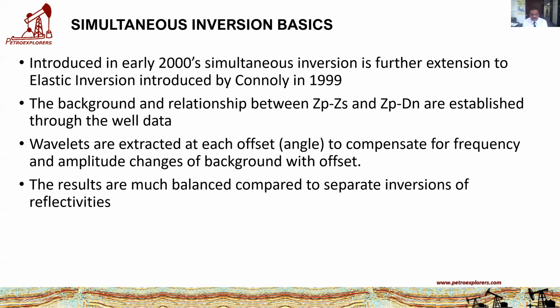So results are much more balanced, much easier to reflect than individually doing P and S inversion separately, and density was very hard to gain. It's still the case with simultaneous inversion that density is not that good, but VP/VS ratios and those become much better behaved in the simultaneous inversion.